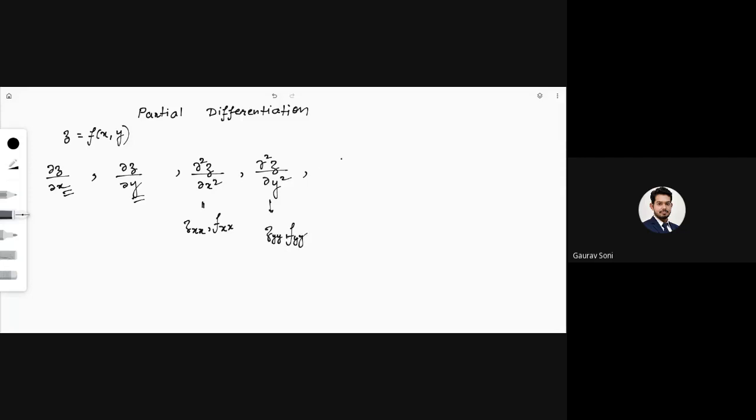Then we have seen the mixed partial derivatives: dabba two z by dabba x dabba y and dabba two z by dabba y dabba x. What is the meaning of this? First of all, you differentiate z with respect to y, and then whatever resultant you get, you take the partial derivative of the resultant with respect to x.